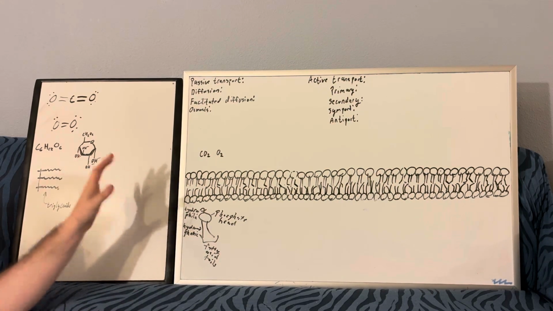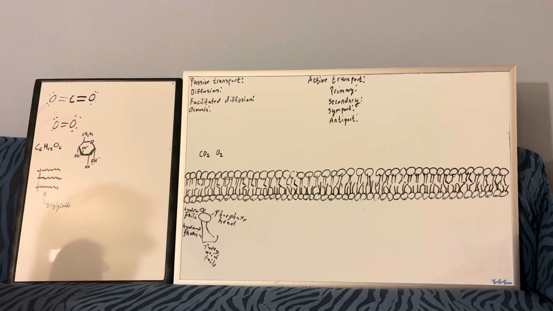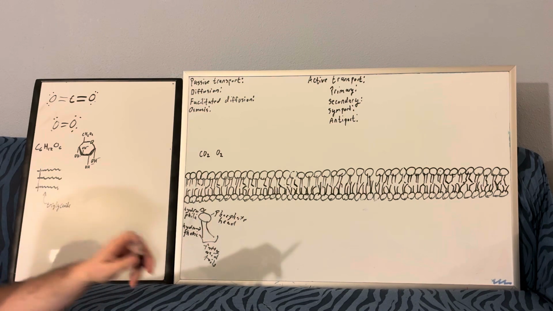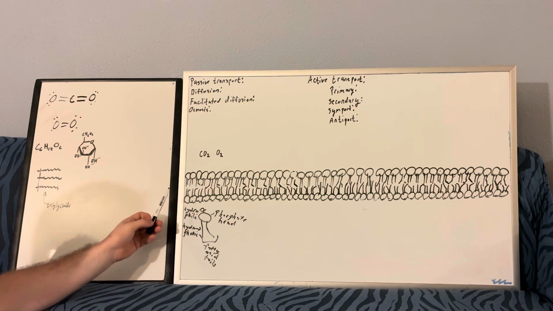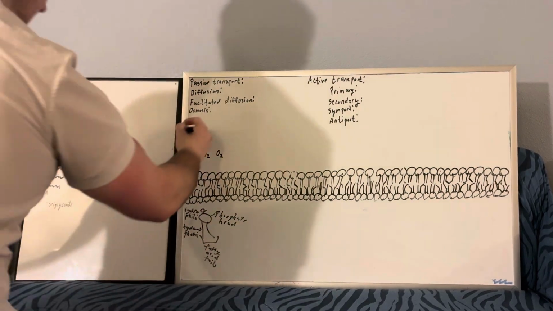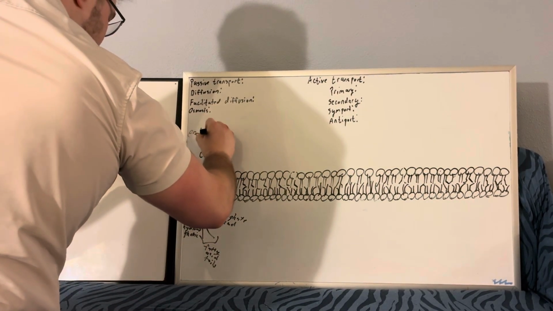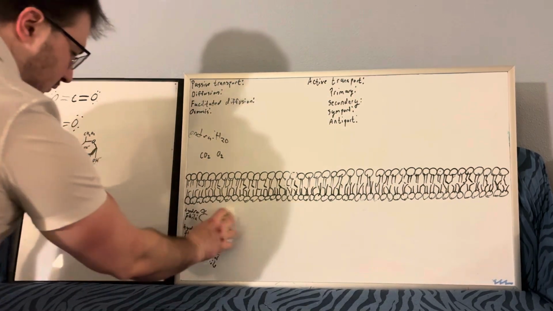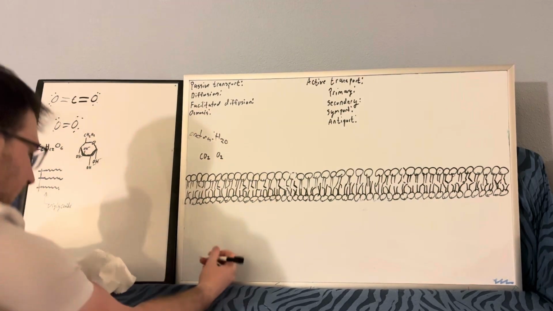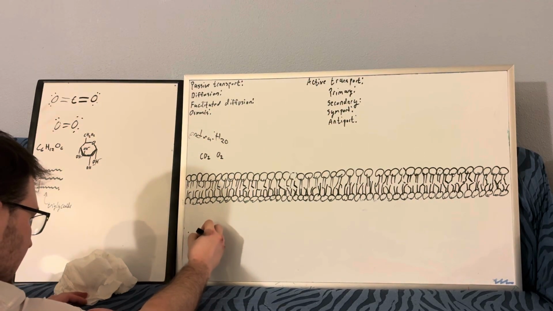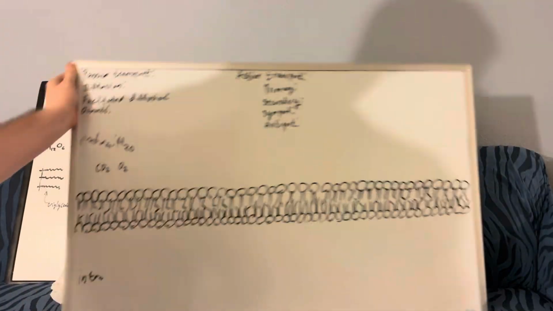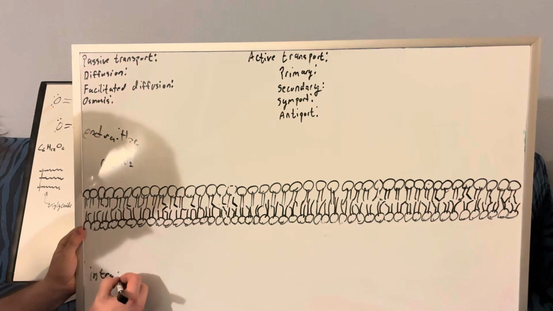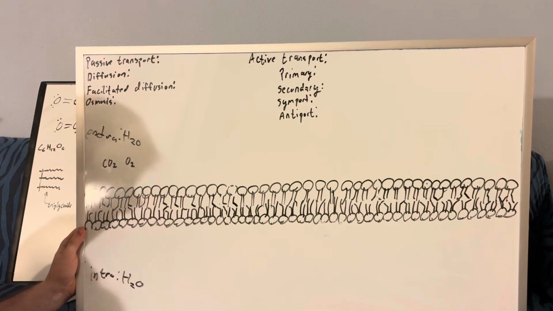When we put a bunch of these phospholipids into a cell membrane, they orient in a very specific bilayer way, because on the outside, or extracellularly, we've got water. I'm going to go ahead and erase this gorgeous drawing. And on the intracellular portion, we also have water.